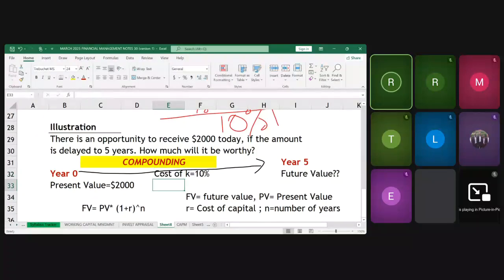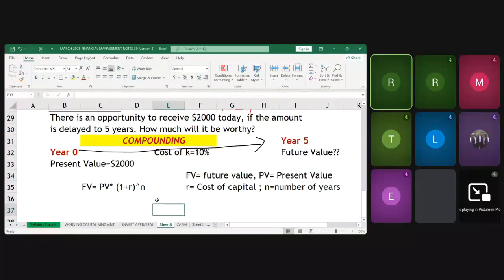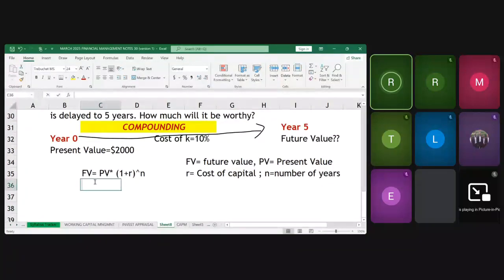We compound at 10%: 2000 multiplied by 1.10 to the power of 5, the number of years. This is the amount I'm going to receive after 5 years.